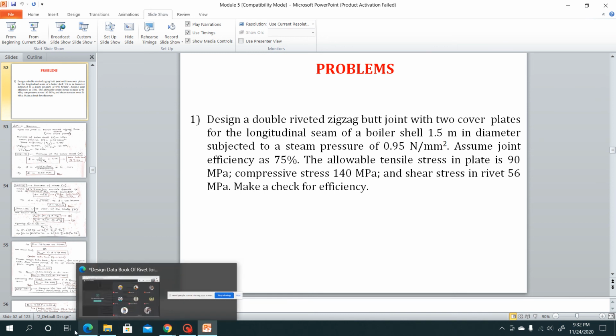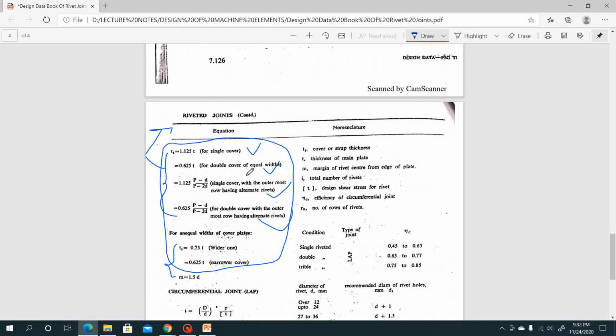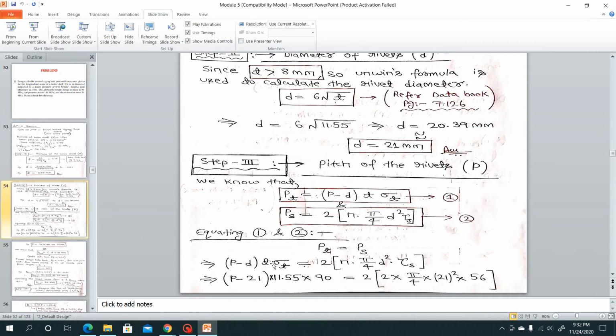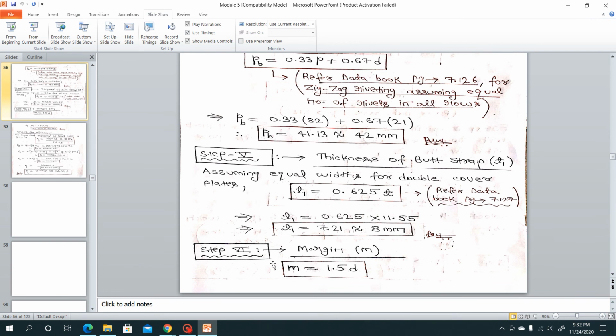So if it is a double cover plate of equal width, the thickness of the strap is 0.625 times T. That is, T1 is 0.625 times T. T we have already calculated, so it is 0.625 into 11.55 mm, that is near about equal to 8 mm. That is the thickness of the strip.